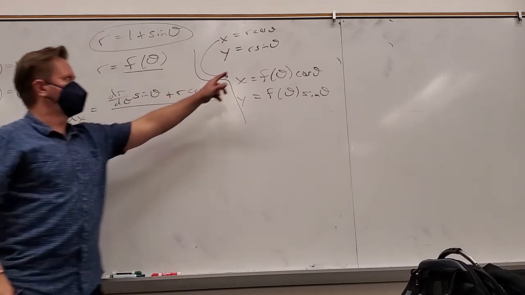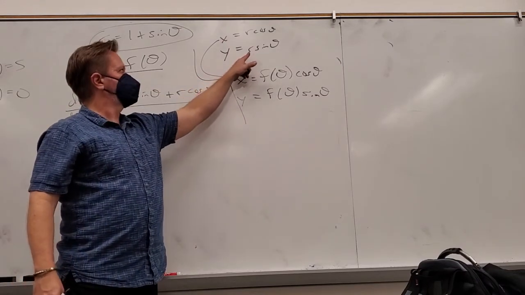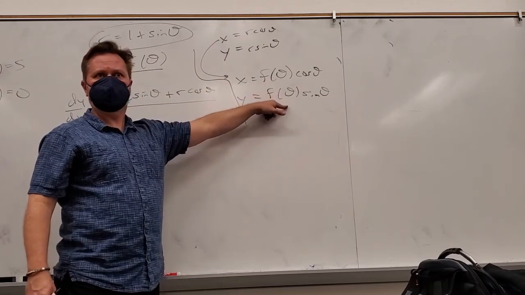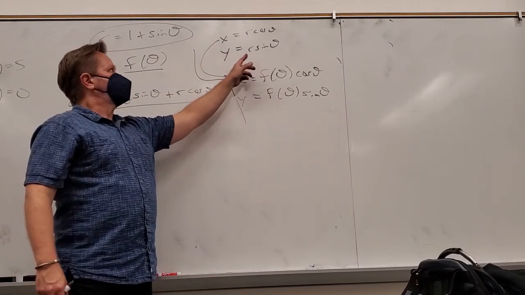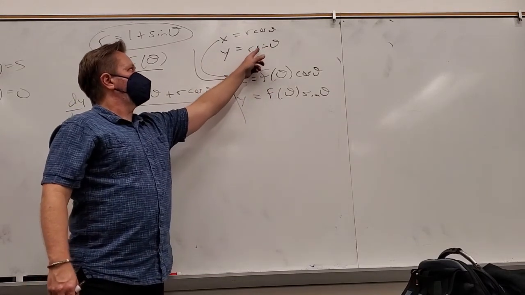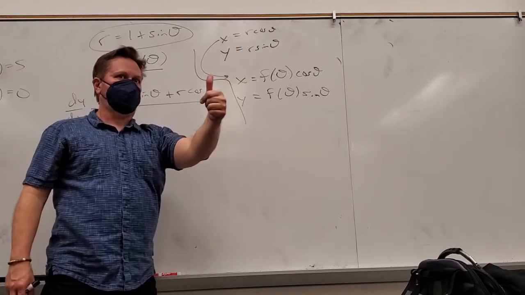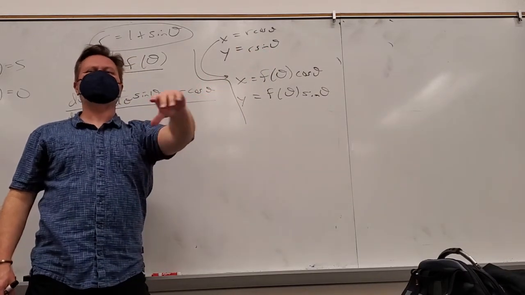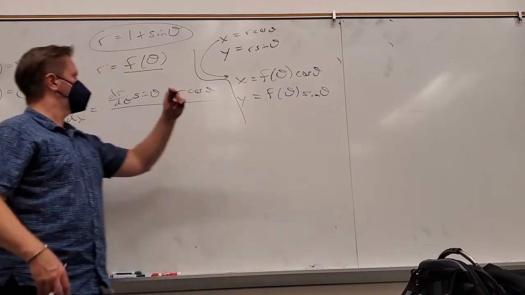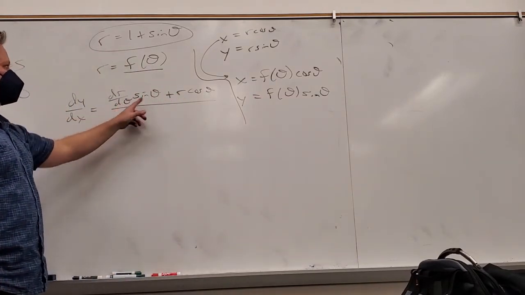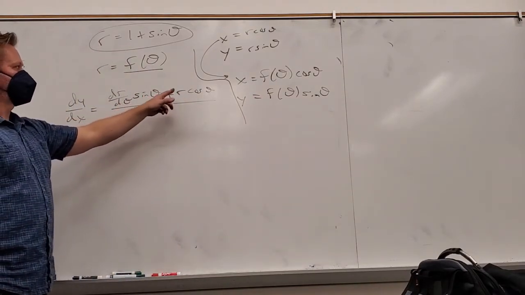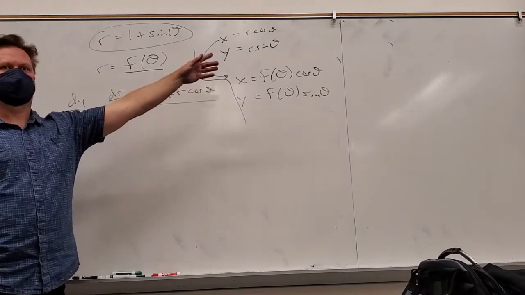You guys with me? I'm doing product rule on this. R is a function of theta, correct? So when I take a derivative with respect to theta, these are both functions of theta. It's a product rule. R is a function of theta times sine of theta. So I have to use product rule. Derivative of r with respect to theta times sine theta plus r times the derivative of sine.